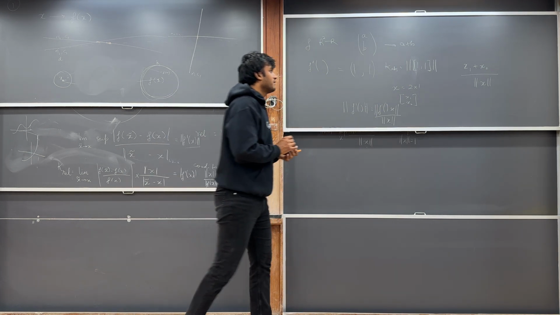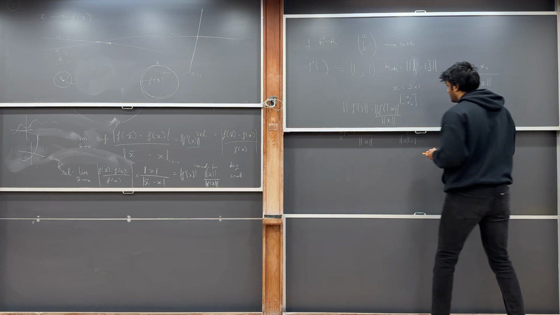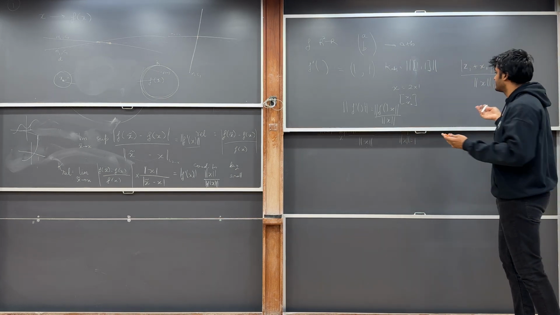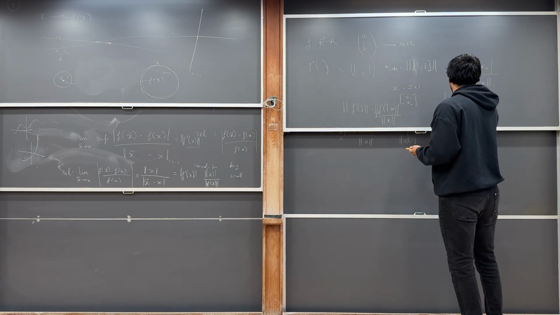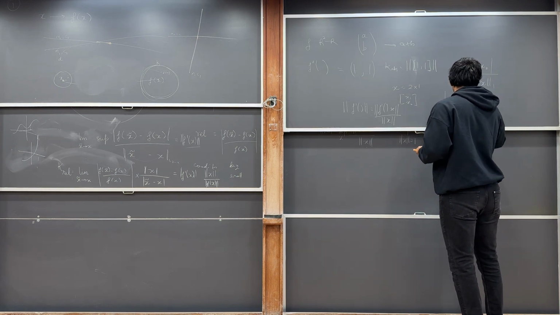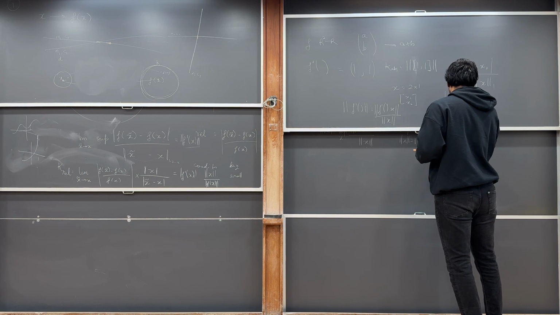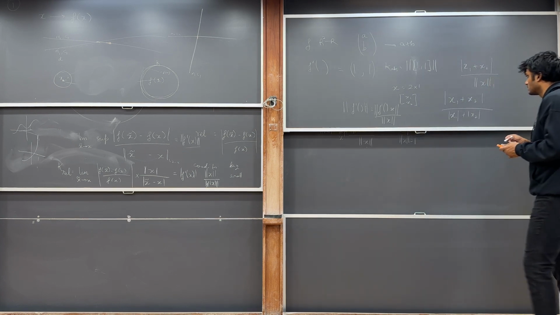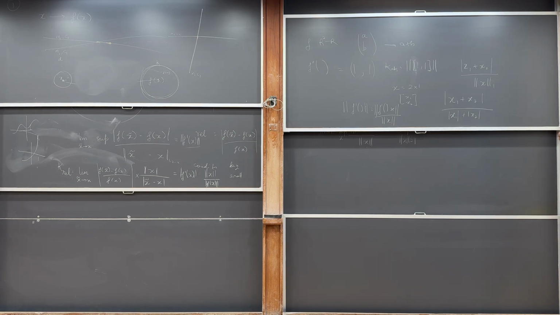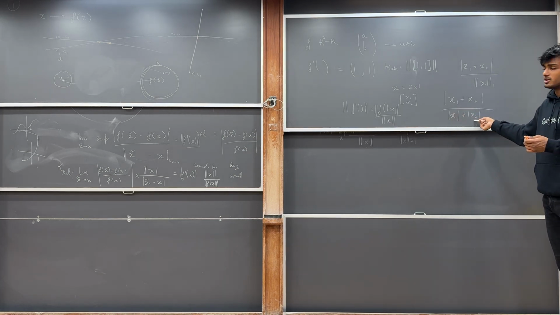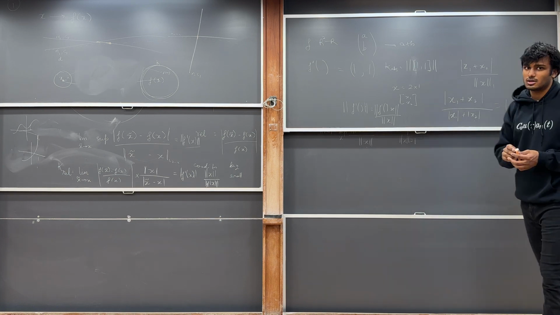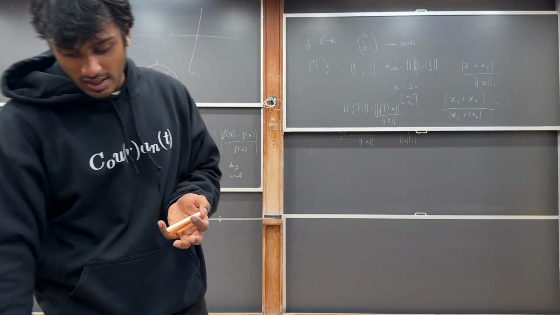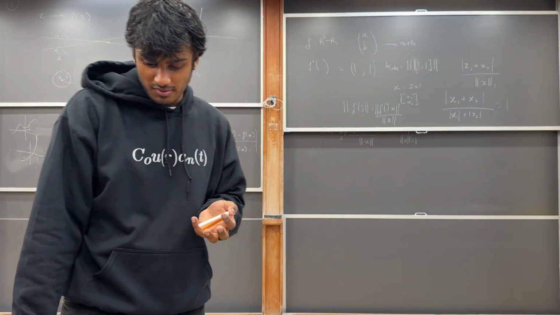So now, if I take my one norm, this becomes mod x1 plus x2 divided by mod x1 plus mod x2. If both of my numbers are positive, this is 1. This is a condition number of 1, which means that this problem is well conditioned. That's what we mean.